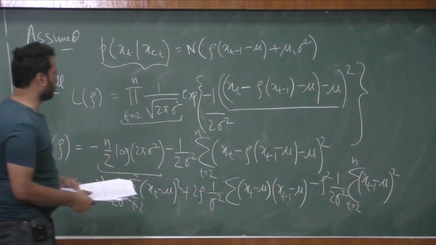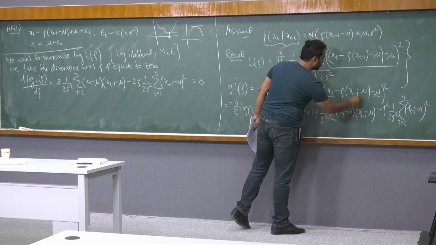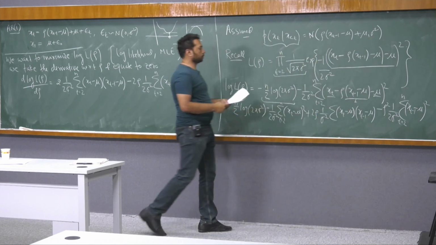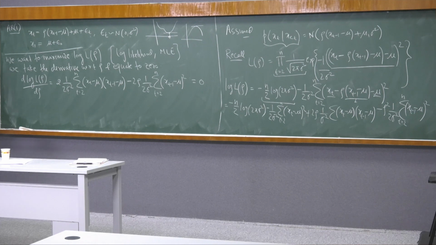I have done this expansion of the inner term for you, and you can see it is of the (a minus b) whole squared form, where a and b are these quantities. I have just expanded that.